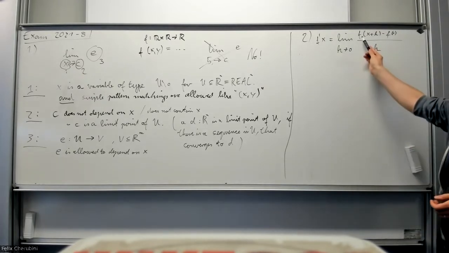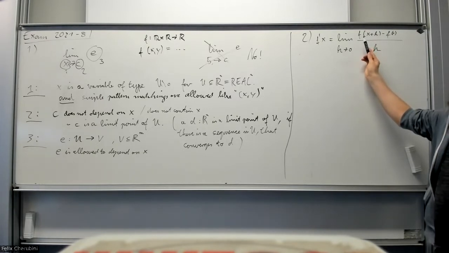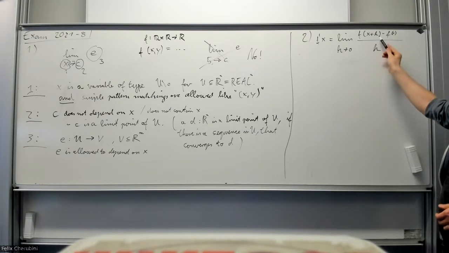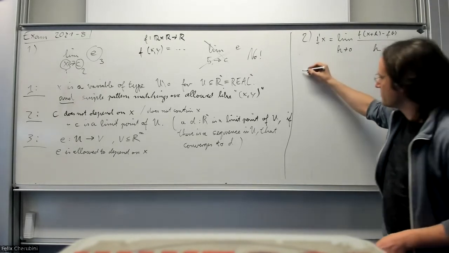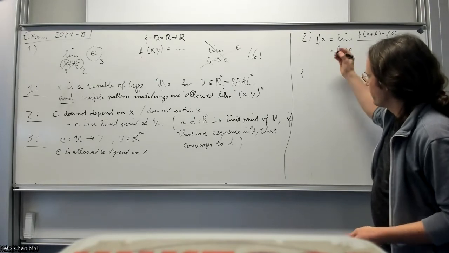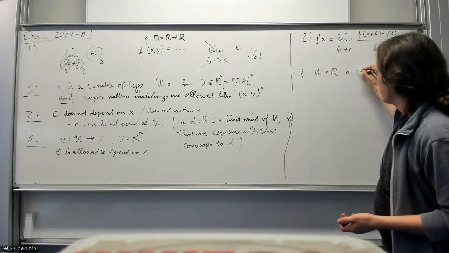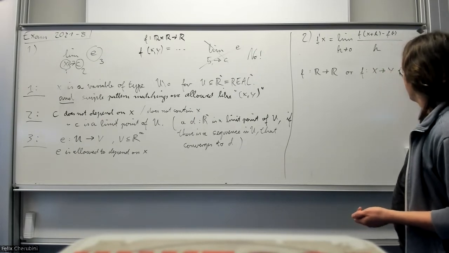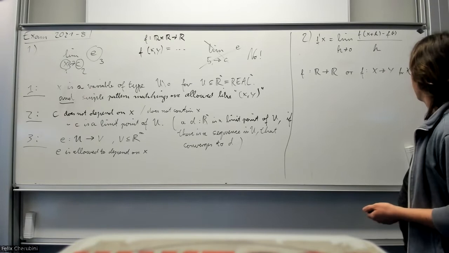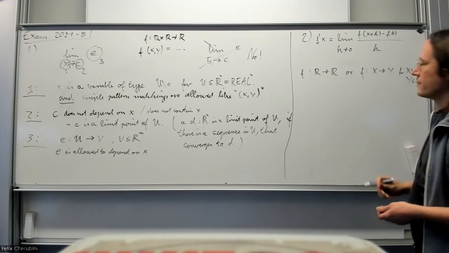So f has to be a function to the reals. And then we also see h gets more or less plugged into f, so it's a function from the reals. So f has to be of type this, or let's say something like this for subsets of the reals. Right?